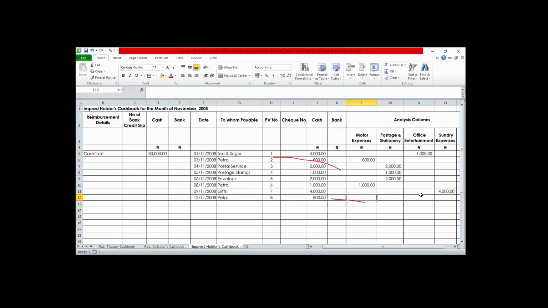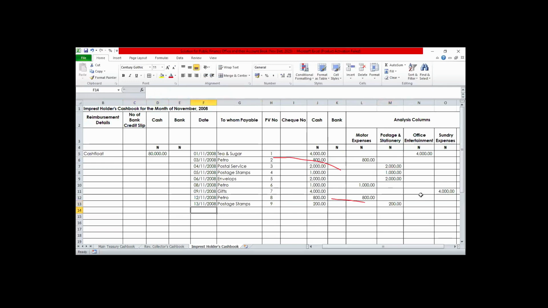Under motor expenses. The next one. November 13, postage stamp, 200 naira. That is under stationery. The next one.